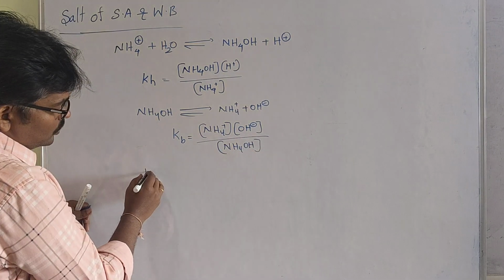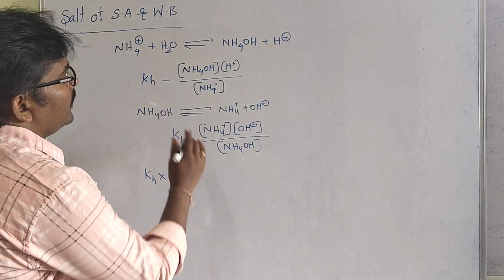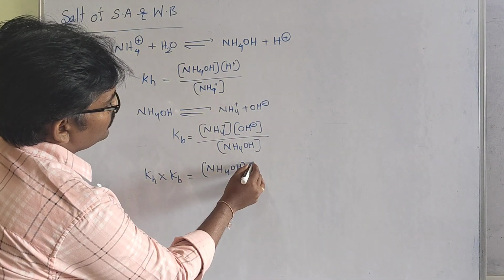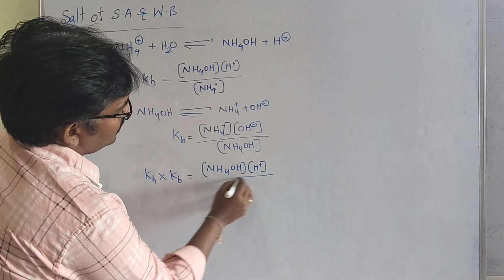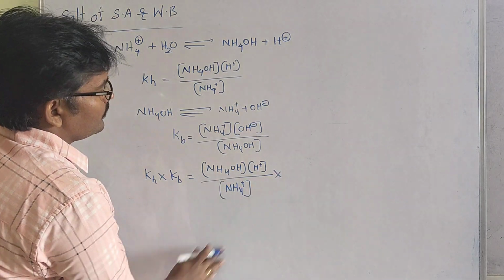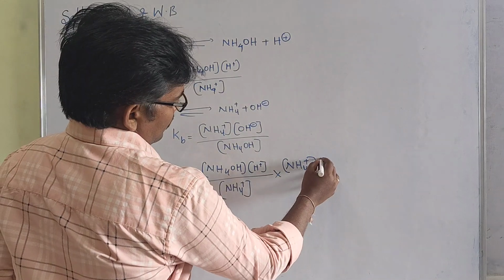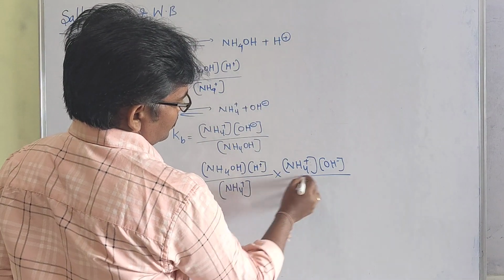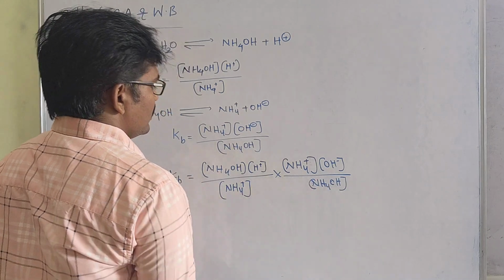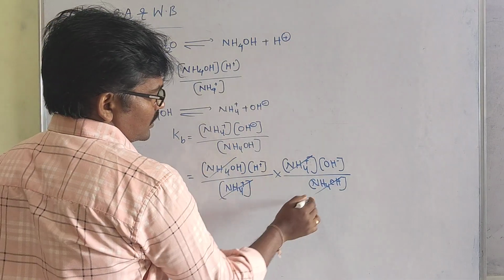When we multiply both, KH into Kb, KH is NH4OH into H plus ion concentration divided by NH4 plus ion concentration, into NH4 plus OH minus ion concentration divided by NH4OH. Look, NH4 plus cancels with each other, NH4OH cancels with each other.